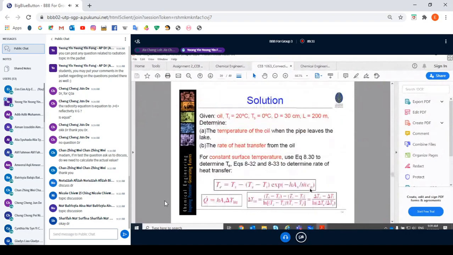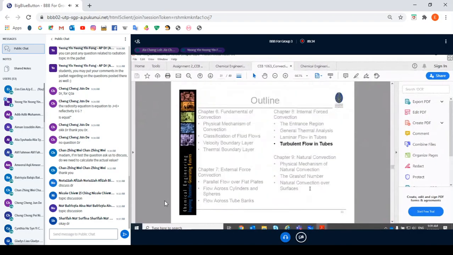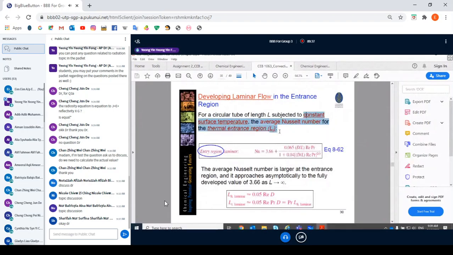Because as I mentioned in the previous class, this one is for the thermal entrance region, so we have to use L_T. In our textbook, we do not have the correlation if you are using L_H, so you have to use L_T. If you are using L_H, it might be other equations already. According to the textbook, they do not have an accurate Nusselt correlation to represent that. That's why we focus on L_T over here.